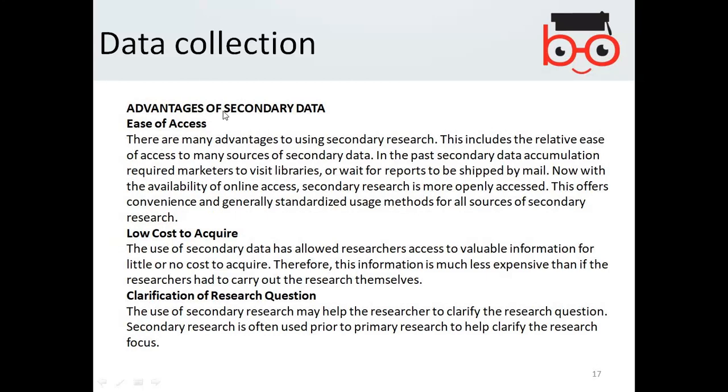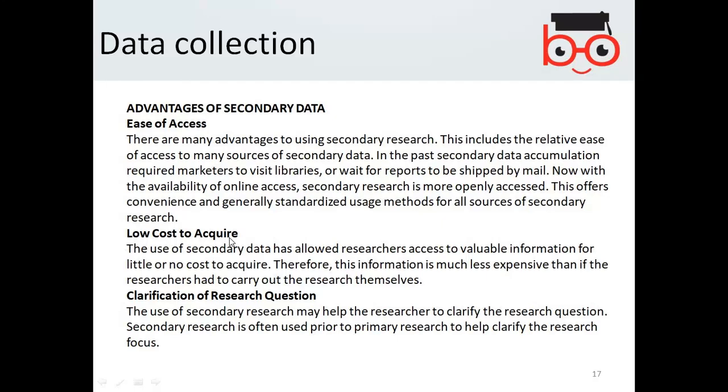Some advantages of secondary data, like ease of access. You can get secondary data very easily. This includes the relative ease of access to many sources of secondary data. Low cost to acquire.